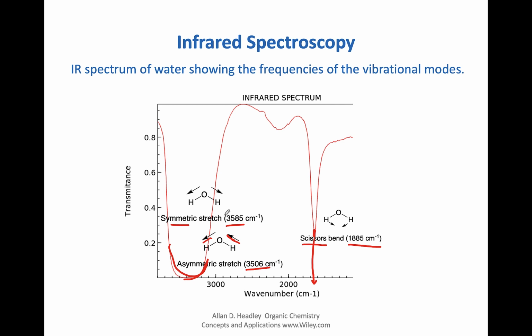As you can imagine, these are two very simple molecules which contain 3 atoms: carbon dioxide, carbon, 2 oxygens, water, oxygen, and 2 hydrogens. So the spectrum here is very simple, but as we get into larger molecules where there are a number of more vibrations, you will see a number of different signals. So let's look at some examples.